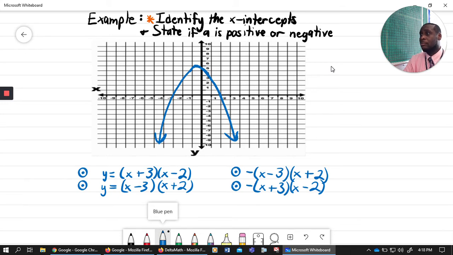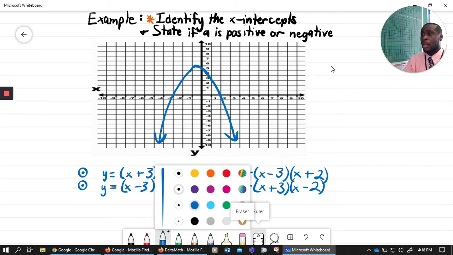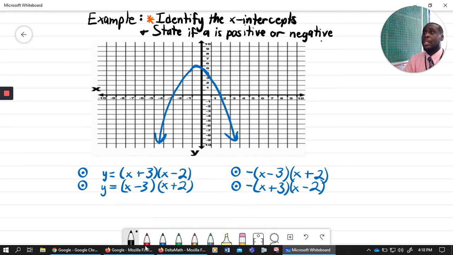All right, so when you're showing that, you should be able to tell what the x-intercepts are by looking at the graph. If you look right there, that's clearly -3.